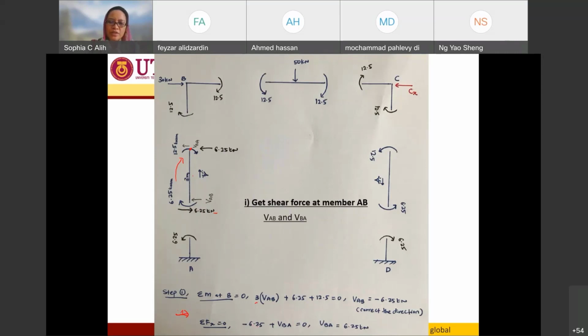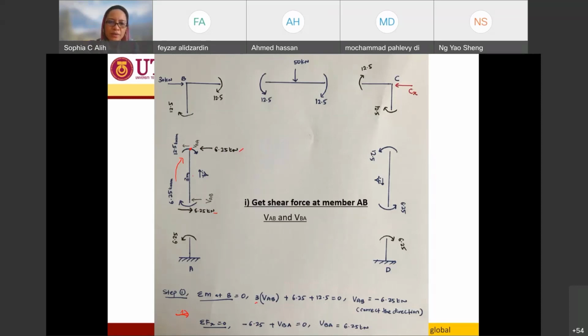So I have negative 6.25 plus VBA, okay, VBA I assume it to be this way, equal to 0. So from here, I will have VBA to be 6.25. So it is in the opposite direction. One is 6.25 this direction, and another one is 6.25 this direction. So I have this value and direction of my shear force towards the B end.